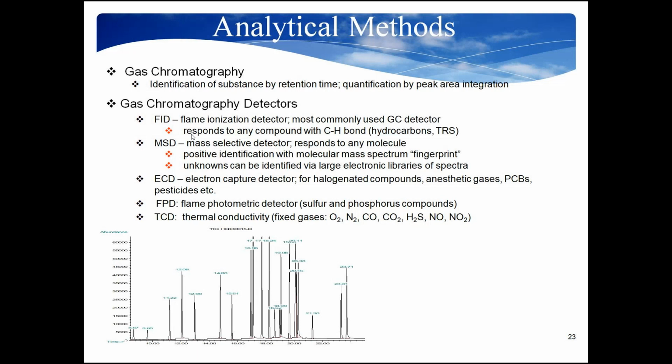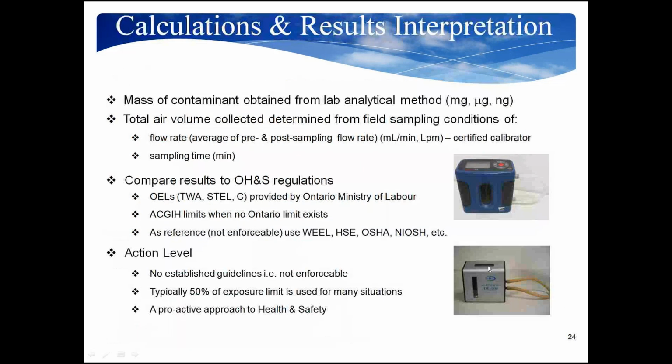The gas chromatogram is produced, and this is an example at the bottom. The various peaks are the individual compounds that have separated out at specific times, so we call those retention times. And the analyst will determine the area under the peak in order to get the concentration of the specific compounds.